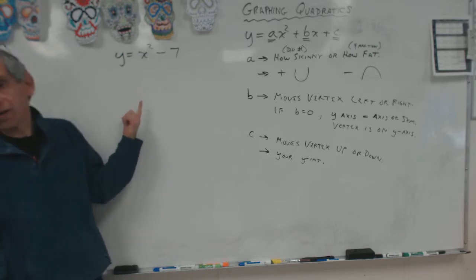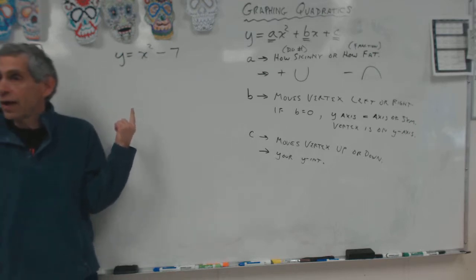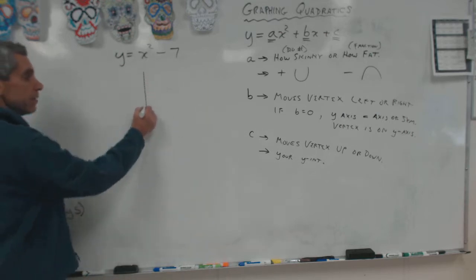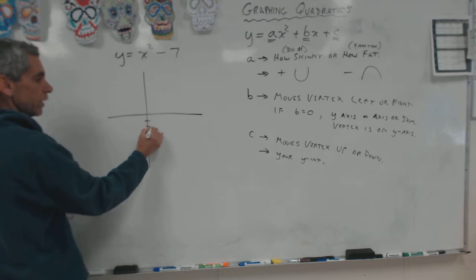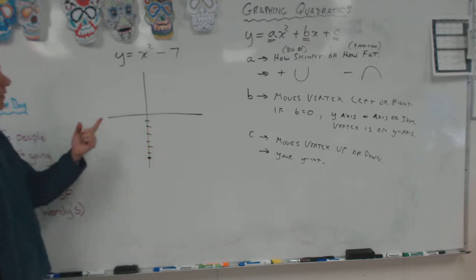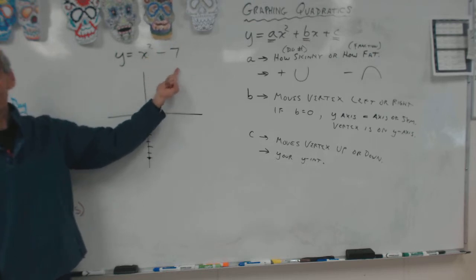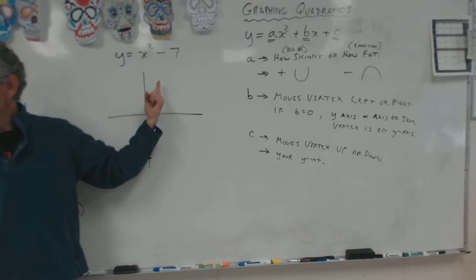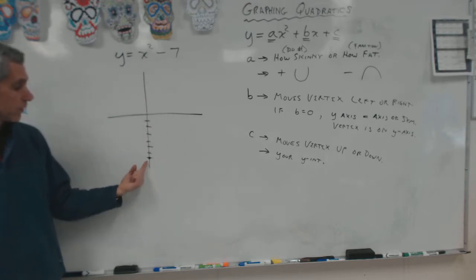There's no b. B is 0, right? That means the vertex is on the y-axis. I immediately know that. So I just go down 2, 3, 4, 5, 6, 7, and I put a dot. Why would I put a dot there? Because that's my y-intercept. It's also my vertex because there's no b. But it is my y-intercept for sure.